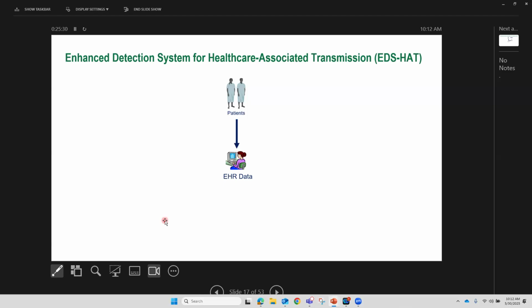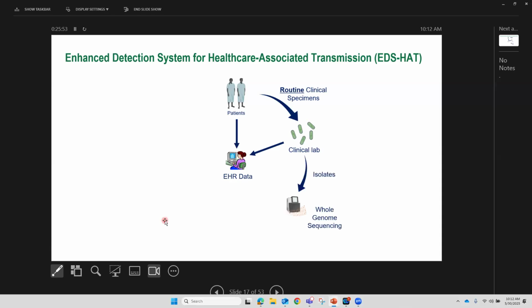A gold mine for this effort is charge codes because hospitals want to get paid if they put a Band-Aid on you. So they charge you for everything. And so any diagnostic procedure, almost everything that's done to you in the hospital is in a charge code. And then we go down and we collect routine clinical specimens. We have a huge list of EDSAT organisms. If you're in the hospital for 3 days or more, we go and we sequence.